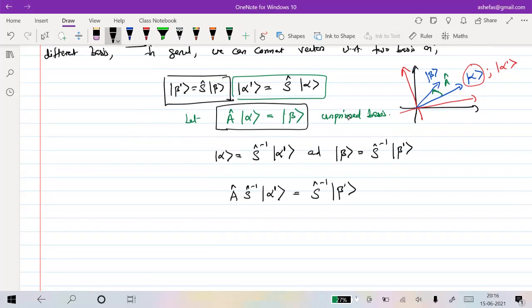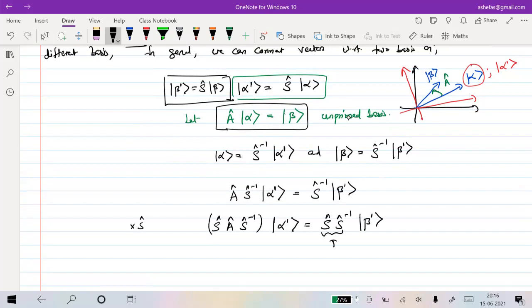Now we can take the product with respect to S from the left side, and you will get S A S inverse acting on alpha prime would be S inverse acting on beta prime.